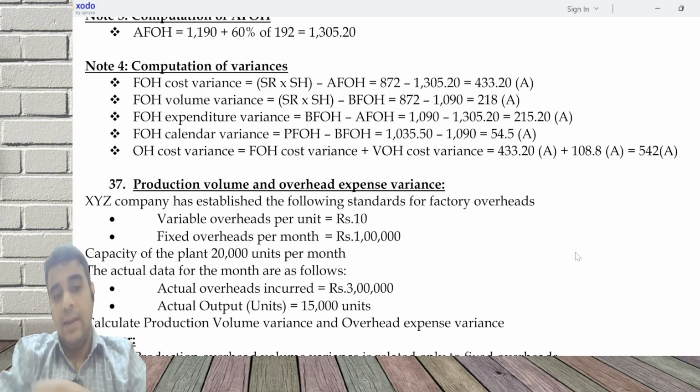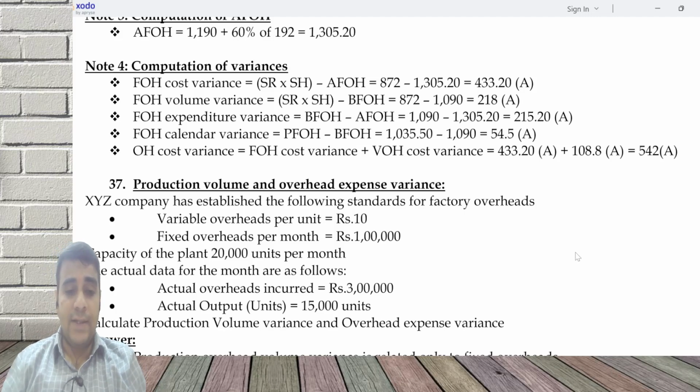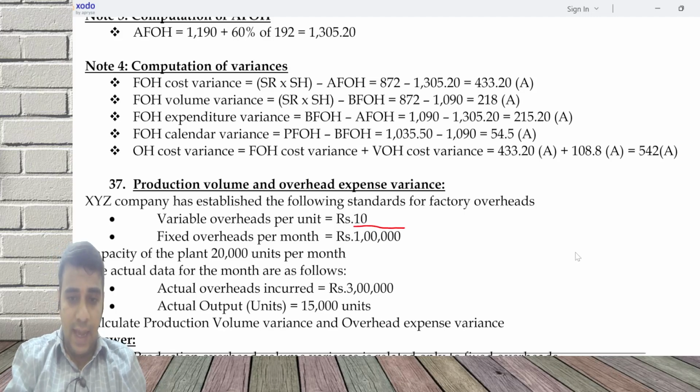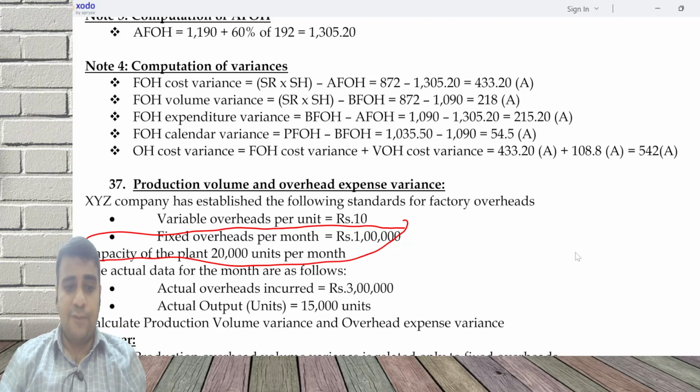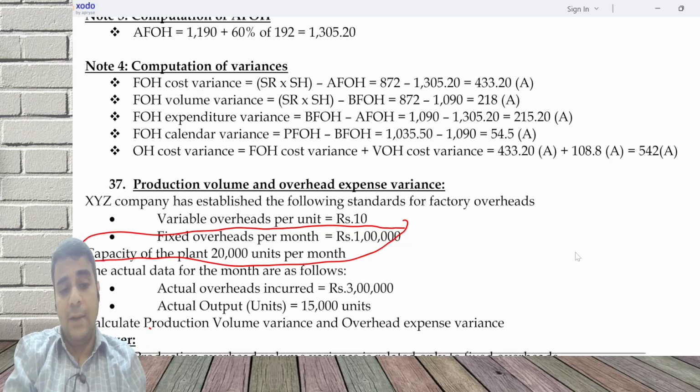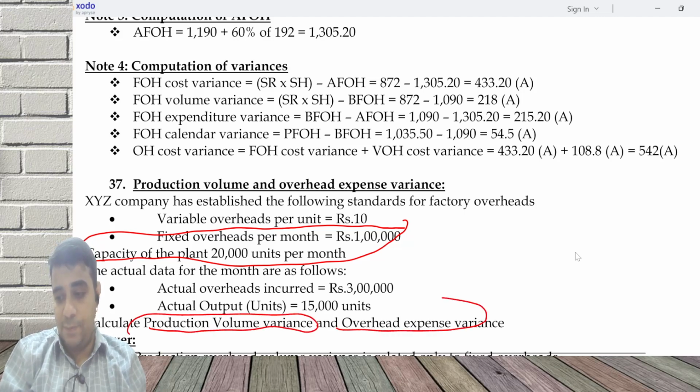Capacity of the plant is 20,000, so fixed overheads per unit is 1 lakh by 20,000, which is 5 rupees. Actual data is given: overhead incurred and output. Calculate production volume and overhead expense variance.